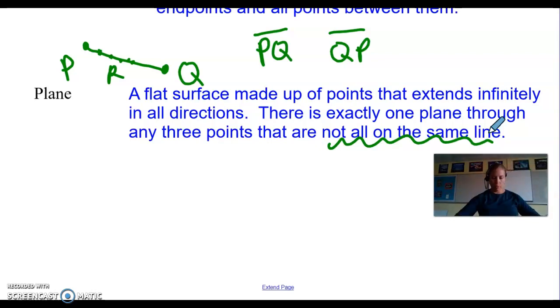If I put 3 points on this line, yes, those 3 points are on this plane, on this folder. However, they're on a straight line, so I could also take this other folder and make this plane go through those 3 points. Is this plane the same as this one? No. So anytime you're naming a plane, it has to be 3 or more points, but they cannot all lie on a straight line.